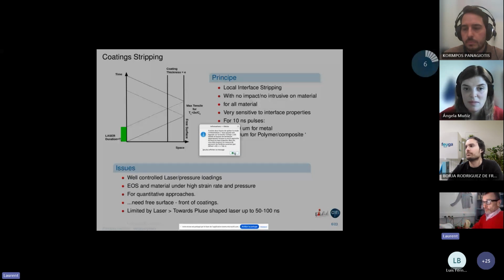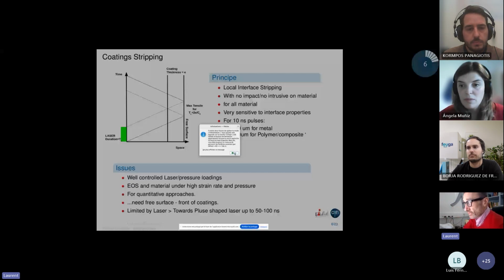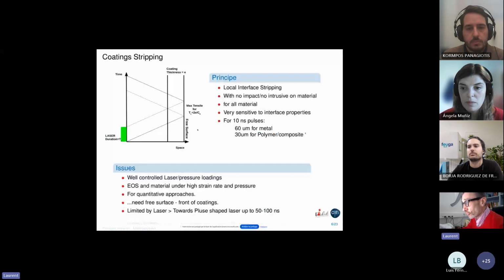So this is a very well-controlled laser pressure loading, but for a quantitative approach, by simulation, we need to know the equation of state of materials under high strain rate and pressures, but we need to have free surfaces to generate the spallations. In fact, we are limited by laser technology, because for one laser we have one pulse duration.